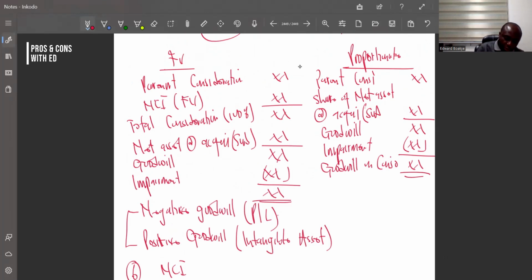Then if there's any impairment which came as a result of the goodwill under the fair value model, we share it between the group retained earning, which we assume to be the parent, and the NCI account, because the goodwill now belongs to both of us. So if there's any impairment, we share.